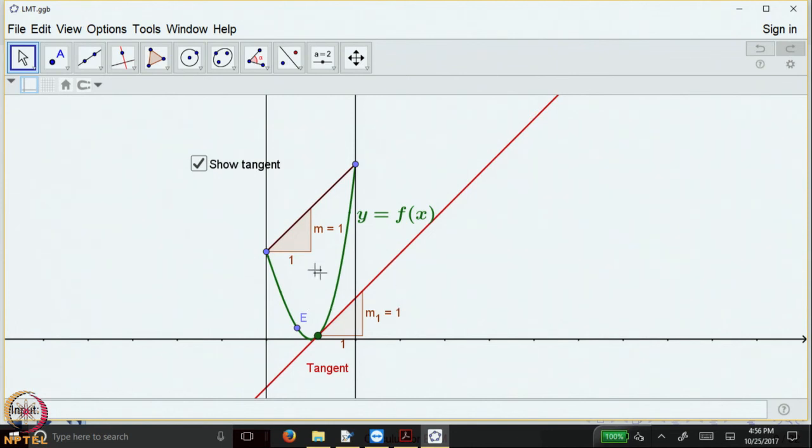The theorem says that if the function is continuous in the closed bounded interval a b and is differentiable, that means at every point I can draw the tangent, then there is a point on the graph where the tangent is parallel to the chord. So I have shown you dynamically that yes, that actually happens.